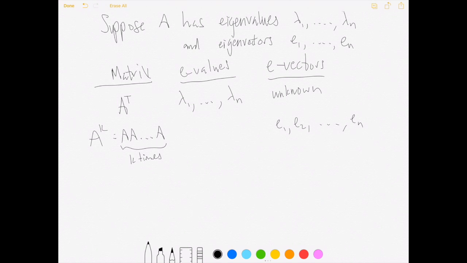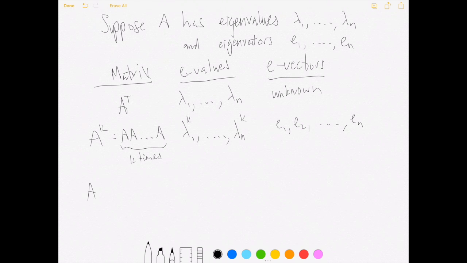They stretch: each time we apply A, an eigenvector is stretched by some amount lambda. So if we apply A to E1 k times, it's going to stretch E1 by lambda 1 to the power of k. In other words, the eigenvalues of A to the power of k are just the eigenvalues of A, each raised to the power of k.